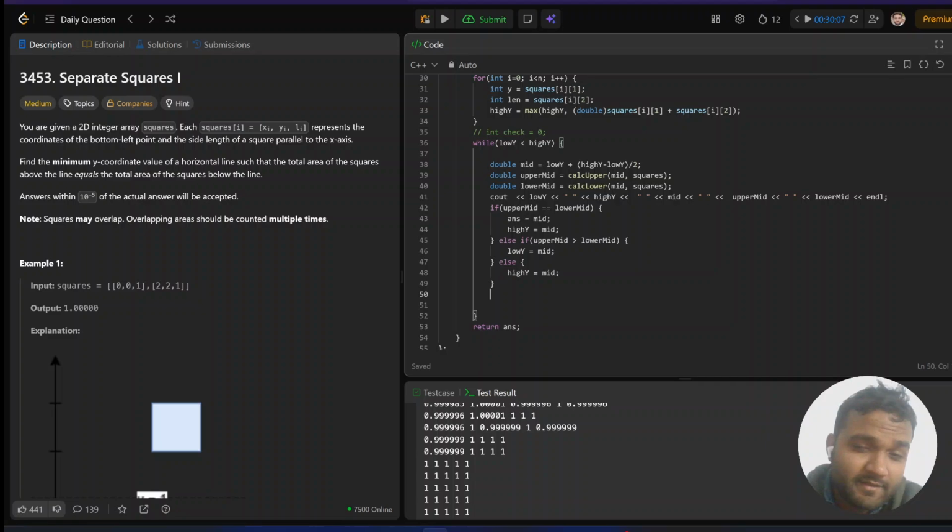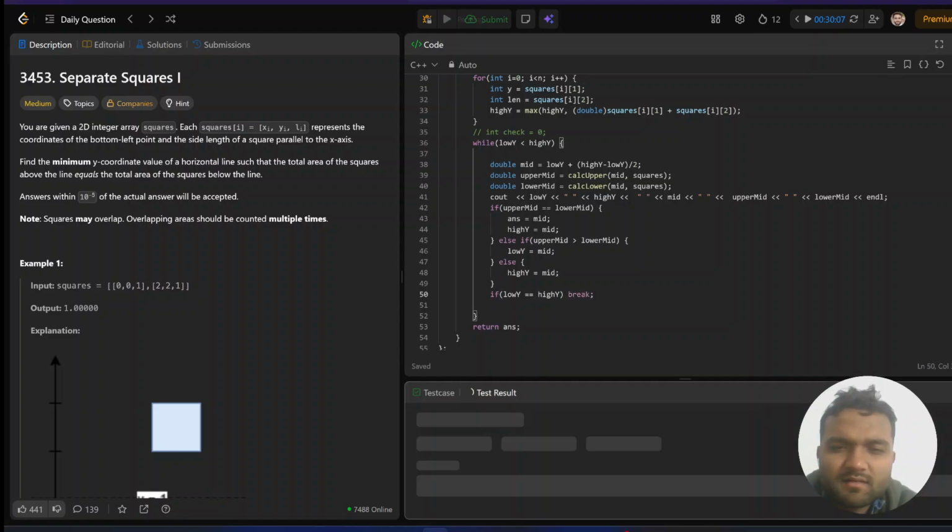I can explicitly add a check: if low becomes equal to high, then just break it here.